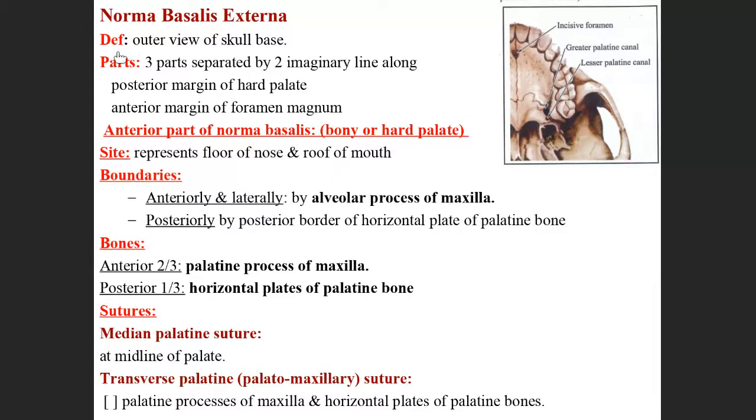The norma basalis is the outer view of the skull base. That is why it is called basalis. That is the study of the base of the skull.